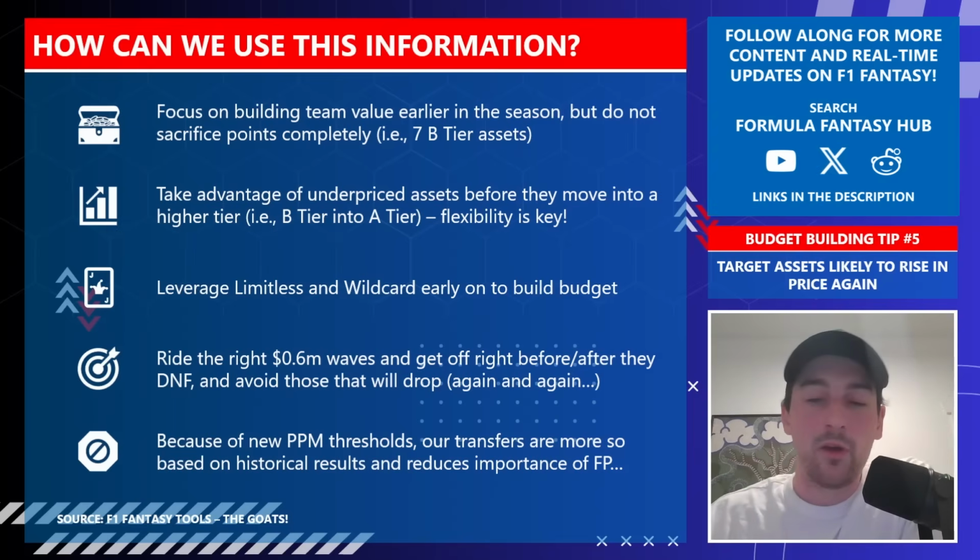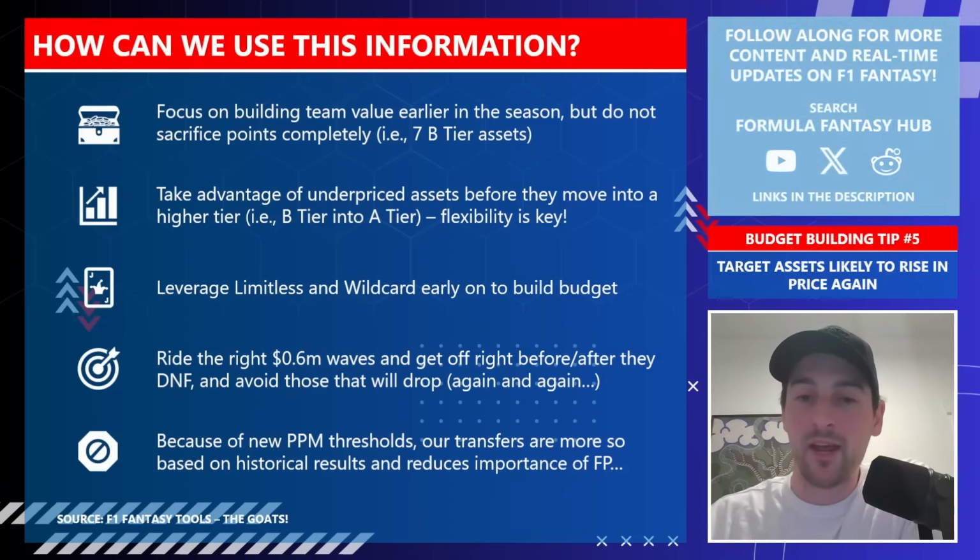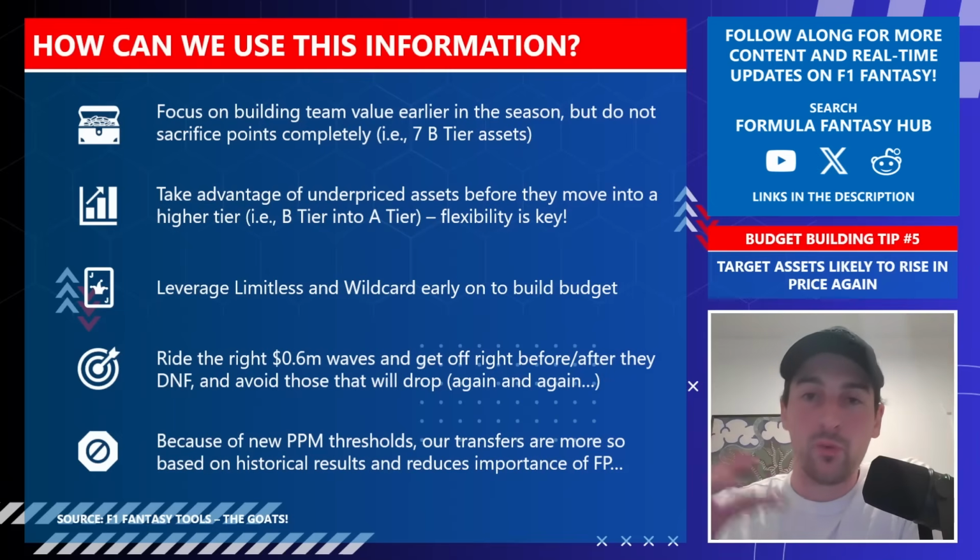So I think it's perfectly fine to maybe have one of those, but having 2, 3 really cheap drivers limits that flexibility to maneuver your team around to get more of those budget building assets in at the right time. So just keep that in mind. Again, I'm not saying there's only one way to skin a cat, but having that flexibility to move between those right assets at the right times is absolutely essential to sustaining those price rises.